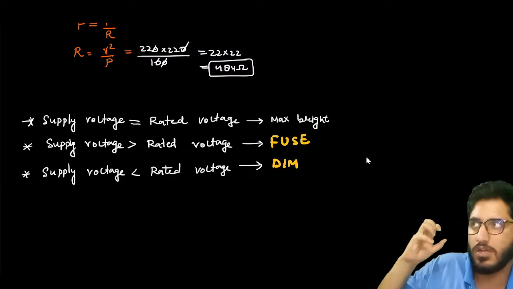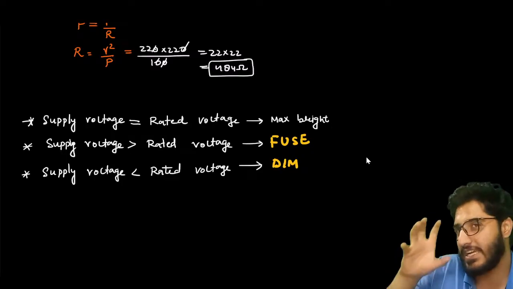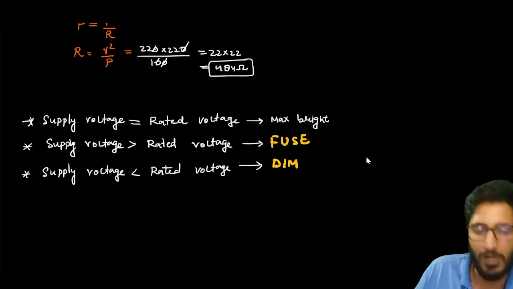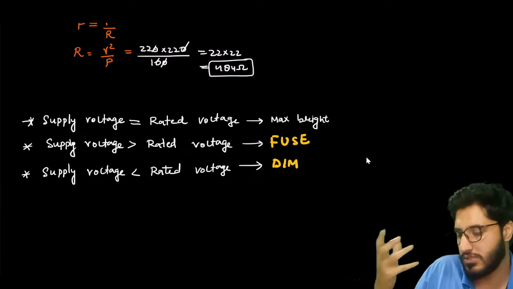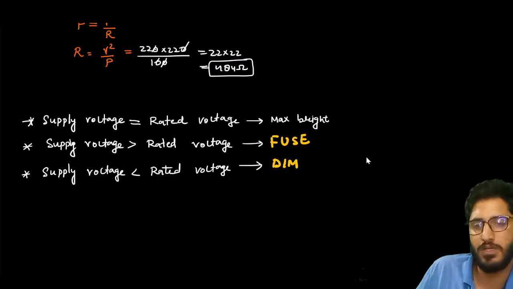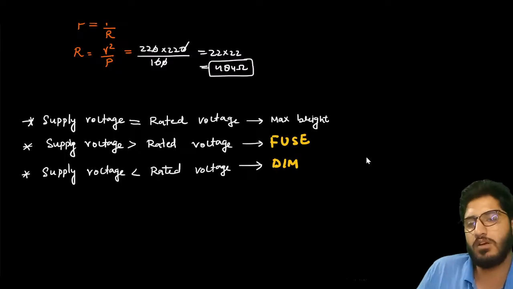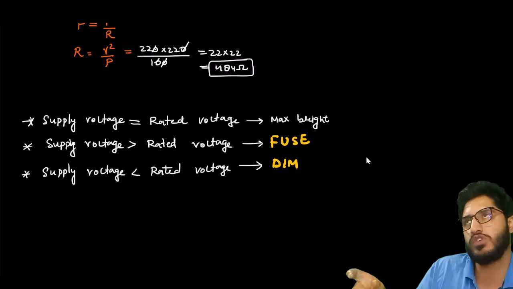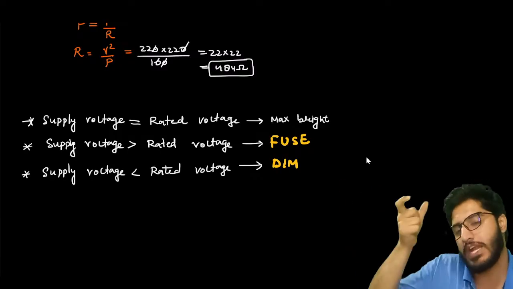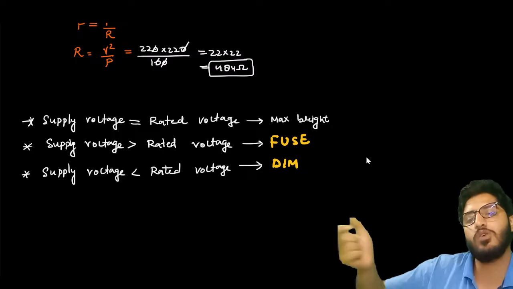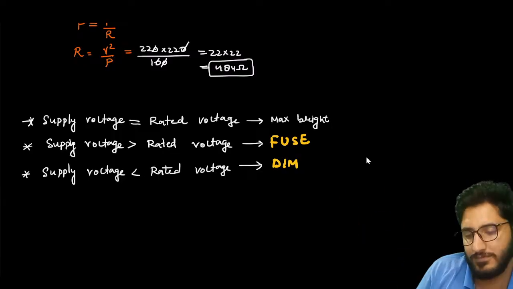Sometimes when there is low voltage, you get a dim sort of lighting from your bulb. Why? Because we manufactured the bulb at a particular value, knowing that at this value it will give full brightness. If we decrease the value, brightness will decrease. If we increase the value, the bulb will fuse.